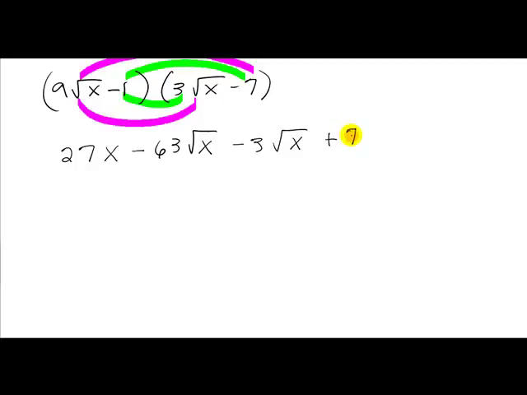We want to combine like terms. So right here in the middle, that's where our like terms will often be. So 27x minus 66 times the square root of x plus 7.